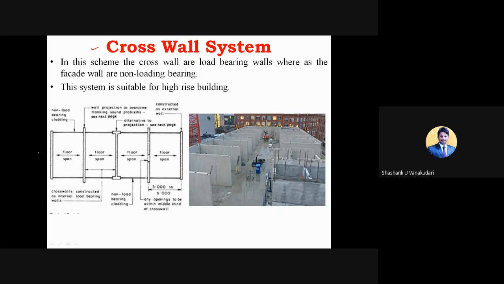So you can refer to these diagrams here. These are the facade walls which are exposed to the outer surfaces, and in this case these are the cross walls. These cross walls take the load which comes from the top structures, so they are called cross walls, right?